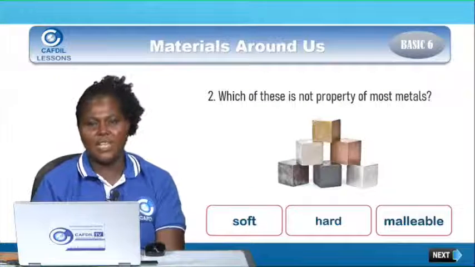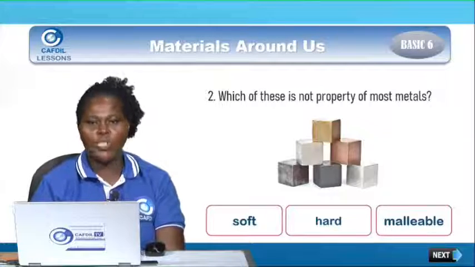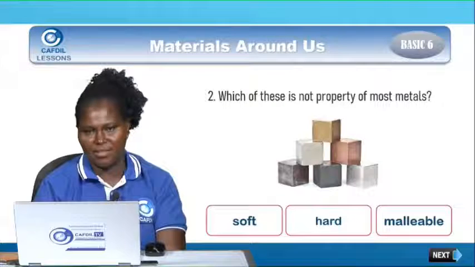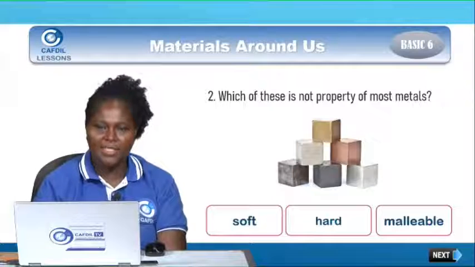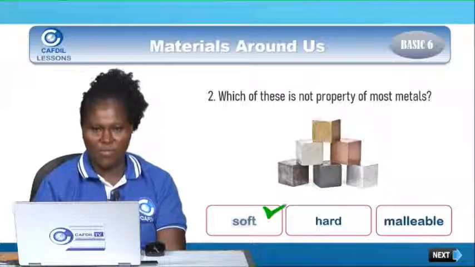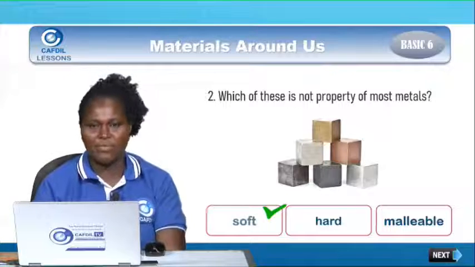Question number 2. Which of these is not property of most metals? Soft, hard, malleable. Good. Soft. So metals are hard and they are malleable.